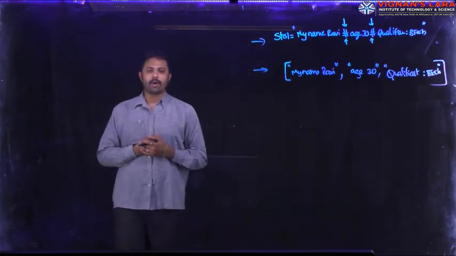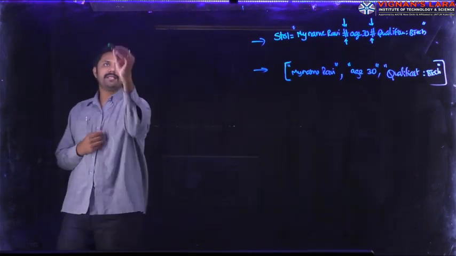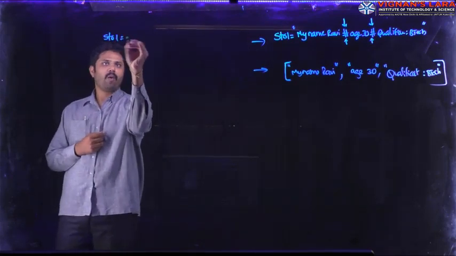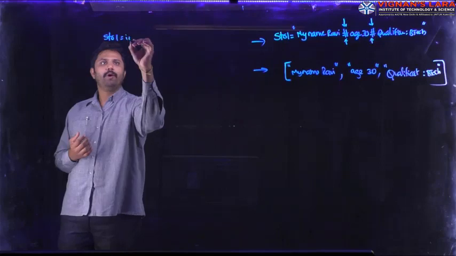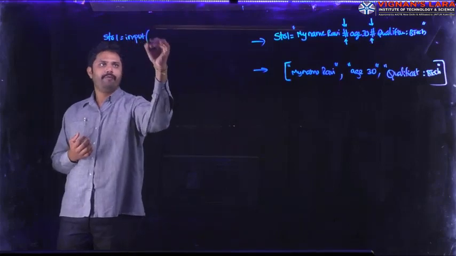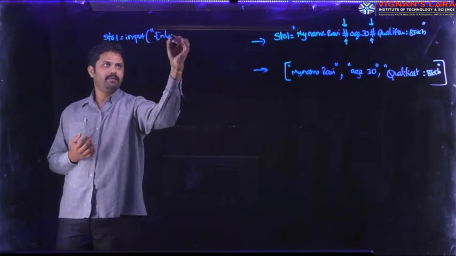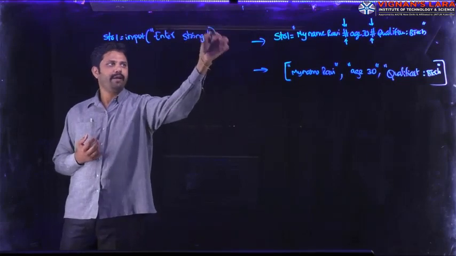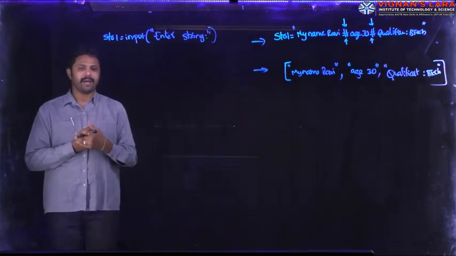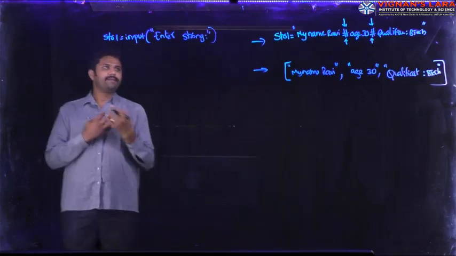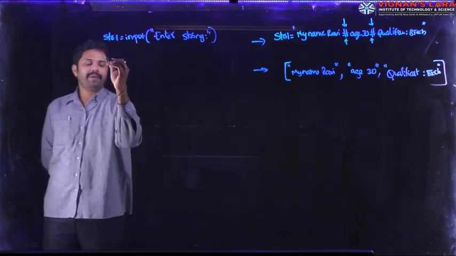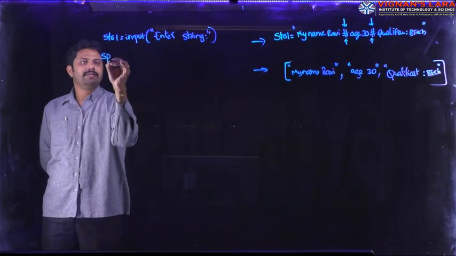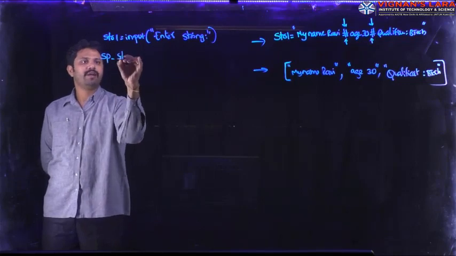Let us see the code for this. Let us take str1. How can you take the input? Input of enter string. I simply entered my string. I want to split that string. That's why I am taking variable spstr1.